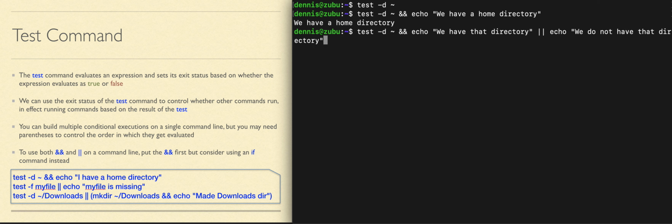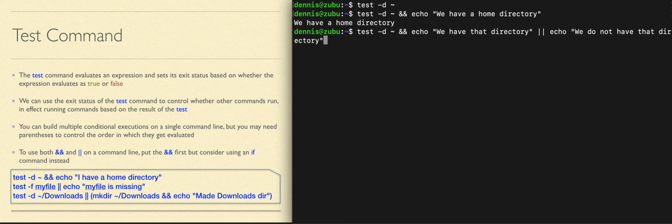But there's a couple of things to remember. First, when you do this, you should put the && first, followed by its command, then the double pipe, followed by its command. That makes both of those tests refer back to the original command, the test. If you don't do that, they don't refer that way.